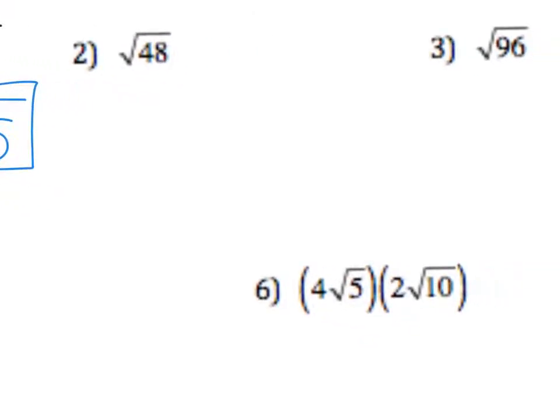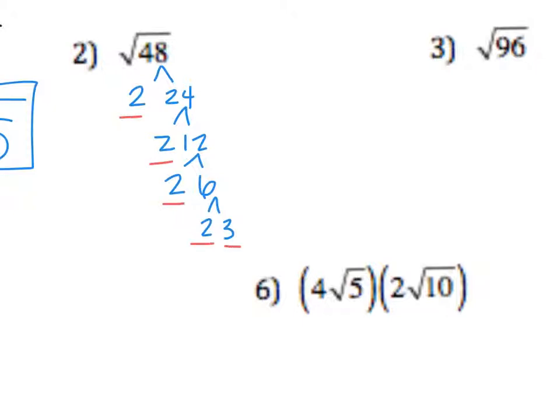So 48. Again, break it down however you want to. I'm just going to do 2 and 24 again. And then 2 and 12, and 2 and 6, and 2 and 3. Since now I've got everything at the ends, there are no more factors, I'm going to look for groups of 2 of the same number.